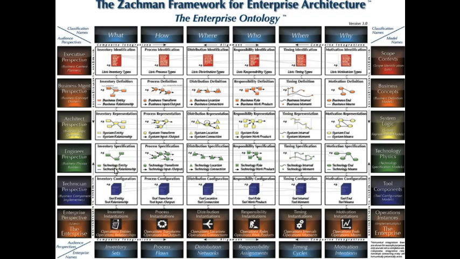So basically, one of the most important advantages of the Zachman framework is that it is easy to understand. It addresses the enterprise as a whole, so you can see everything that happens in an enterprise in one big sheet that has all the artifacts. Of course, this is a very simple representation.